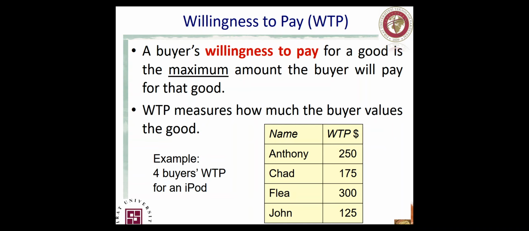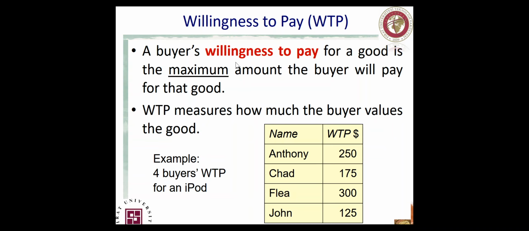We usually refer to it by WTP as an abbreviation. There are many factors affecting it. We are not going to address them now, but the willingness to pay varies based on your financial ability, your appreciation of the item, and your need for it. Is it a necessity or some basic need, etc.